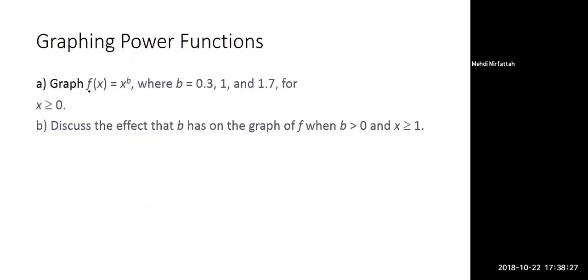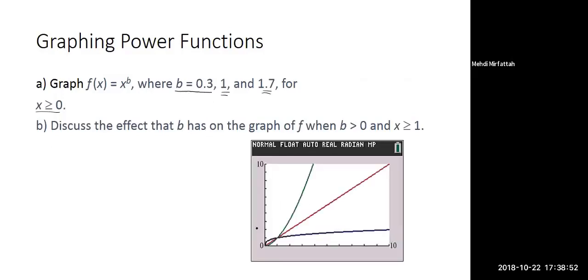Here we want to graph f of x equal to x to the power of b, where b is equal to 0.3, 1, 1.7, where x is greater than or equal to 0. So we want to see what would be the effect of b on the graph.